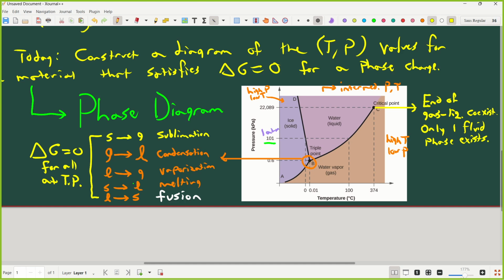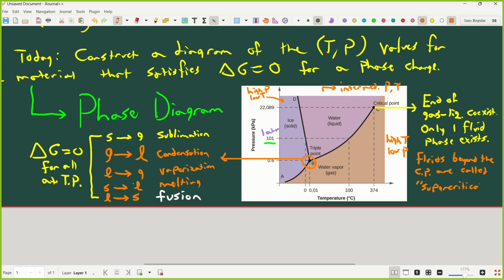These fluids that exist beyond the critical point have a special name. Fluids beyond the critical point are called supercritical fluids.